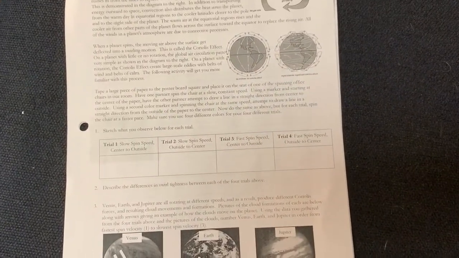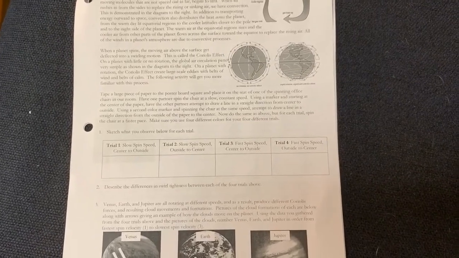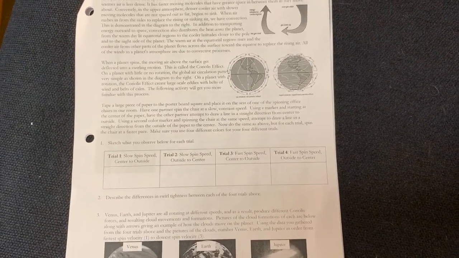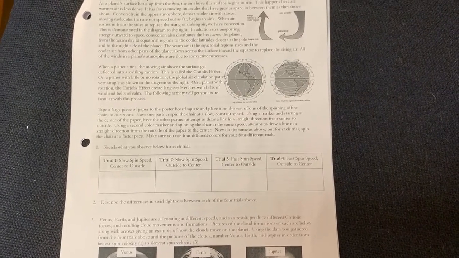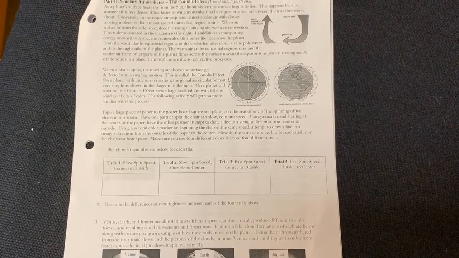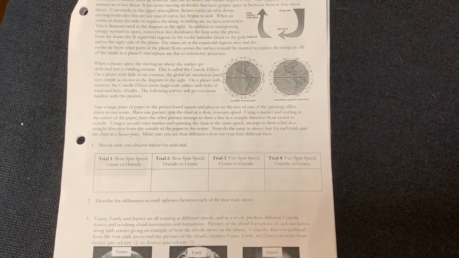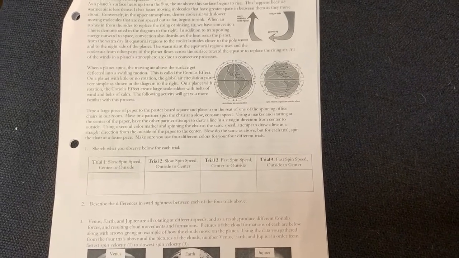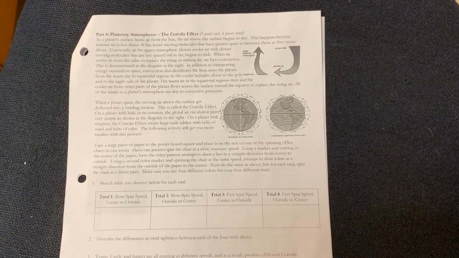I'm going to spin the chair slow and then fast. I would start on the inside and move outward going slow, and I would start on the inside and move outward going quickly, and then I would do that starting on the outside of the paper, moving inward, slow spin, and starting on the outside of the paper, moving inward, a quick spin. And I'm going to show you what that looks like, the results.